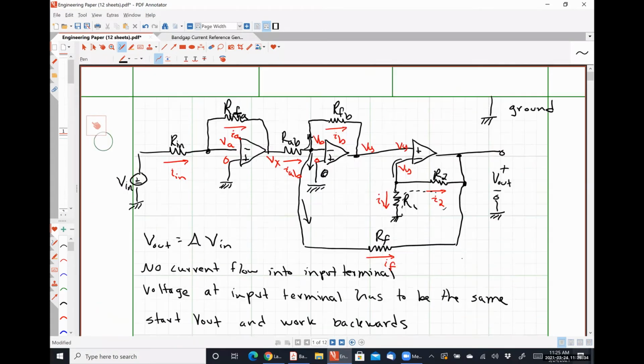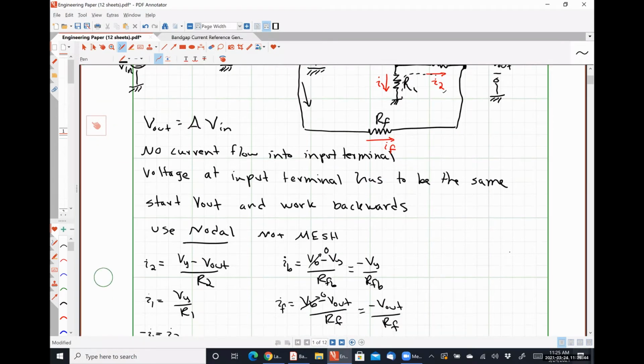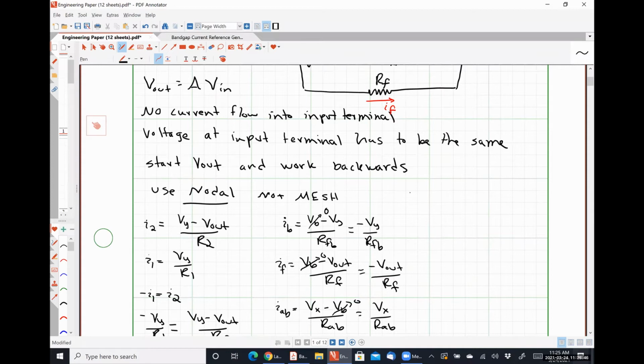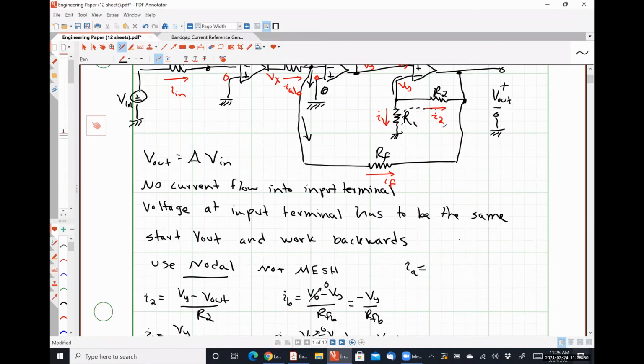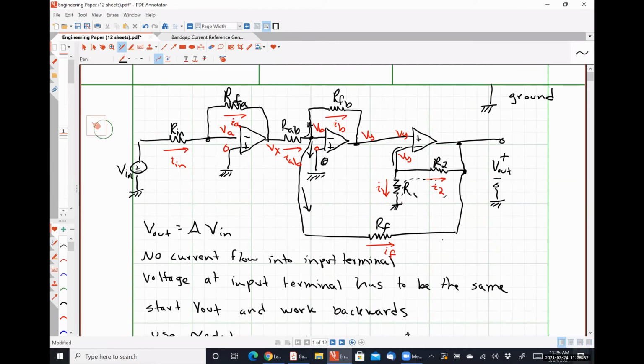So going back up to our circuit, let's look at this. We have IA flowing through that feedback resistor, and we have IN flowing through our input resistor. And so we'll put IA equals, and then that would be VA minus VX over RFA, right? Voltages on either side divided by the resistance.